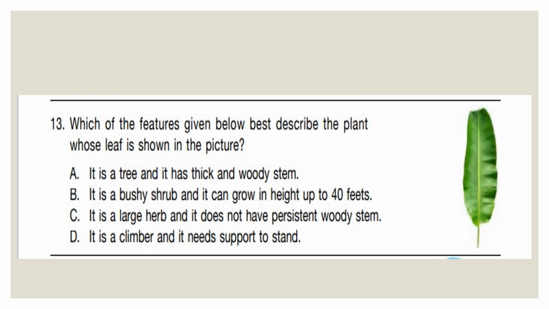Option C. It is a large herb and it does not have a persistent woody stem. Option D. It is a climber and it needs support to stand. This is a banana leaf. Our answer is option C. It is a large herb and it does not have a persistent woody stem.